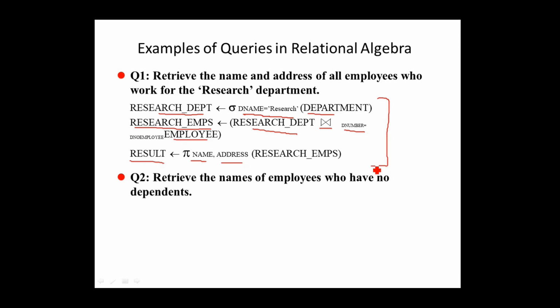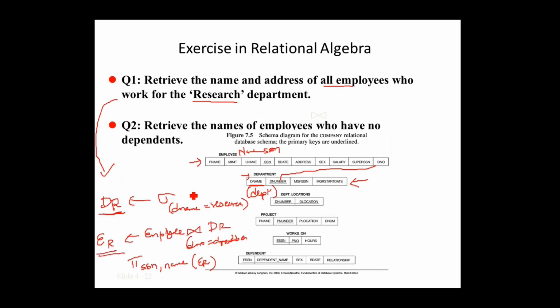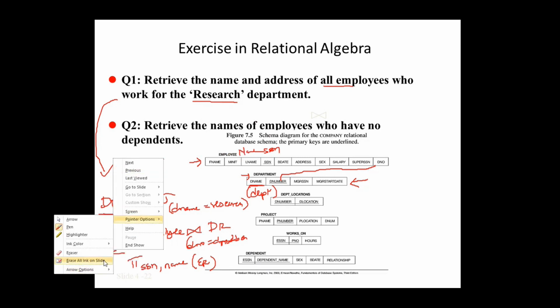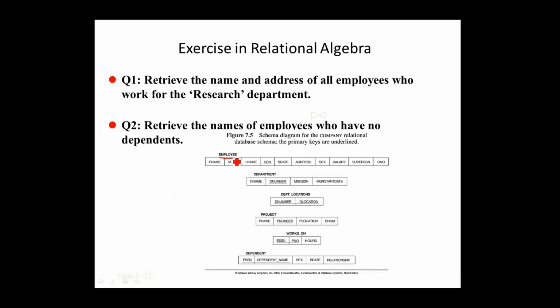So there's one more query before we wind up. Retrieve the names of employees who have no dependents. Let me erase all the ink on this slide and let's go to this. So we have employee SSN and we have the dependents table here. Employee SSN is a foreign key. So this is the primary key SSN here.